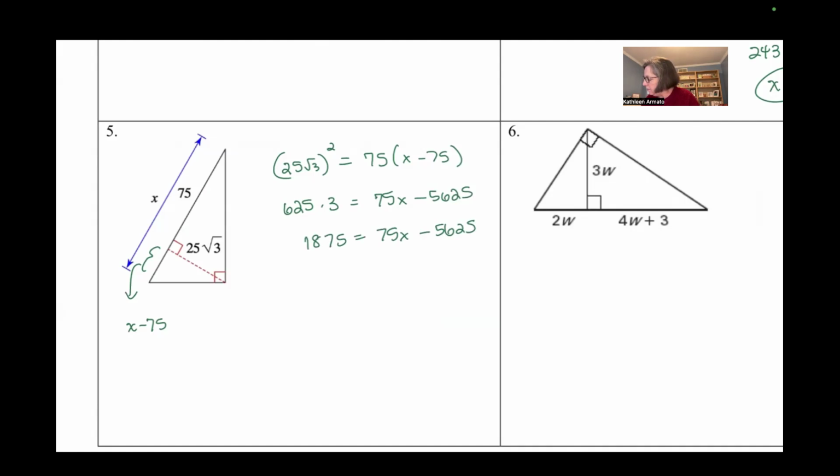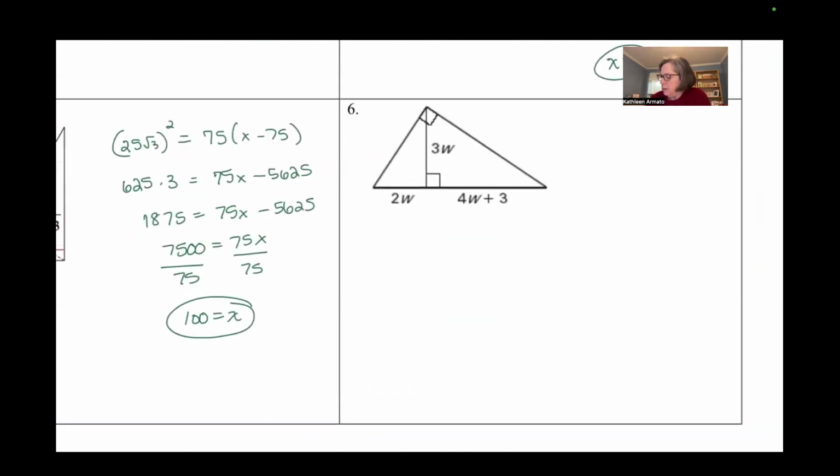So 1875 plus 5625 is 7500 equals 75x. Divide each side by 75. 100 equals x.